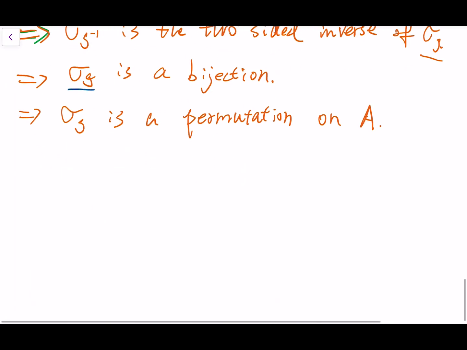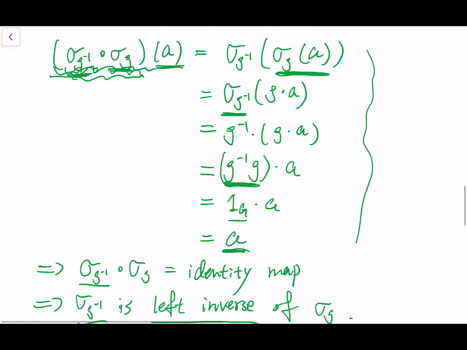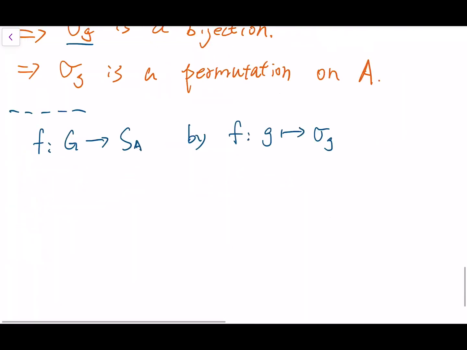To do this, we first let the map be F, which maps G to the symmetric group S_A, by F maps g to sigma g. Just to give a name for this map we want to show to be a homomorphism.